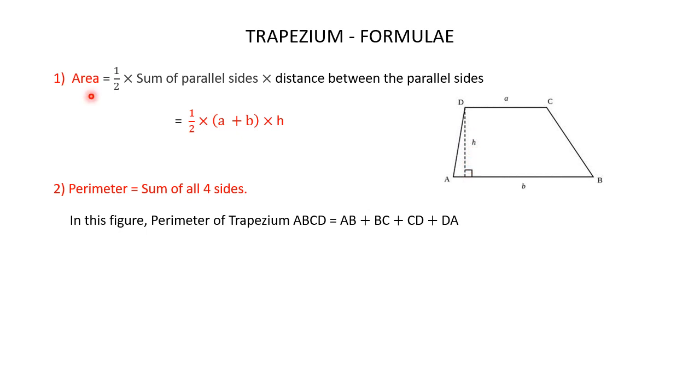Now area of the trapezium is equal to half multiplied by the sum of parallel sides multiplied by the distance between the parallel sides. The sum of parallel sides is nothing but a plus b, and the distance between the parallel sides is h. So area of a trapezium is equal to half multiplied by a plus b multiplied by h.